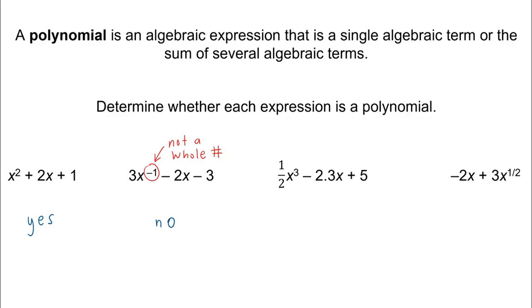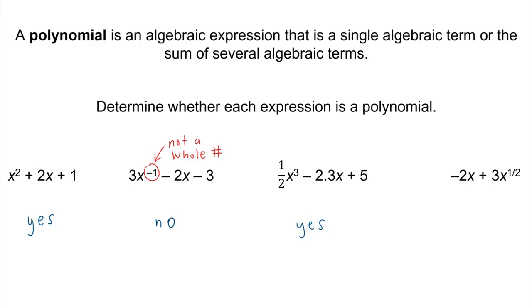The second term, negative 2.3x, also has an integer coefficient and a whole number exponent. And then the last term, the constant of 5, well, the coefficient of that is 5. 5's an integer. And the exponent on that expression is 0, and 0 is a whole number. So this third expression is an example of a polynomial.